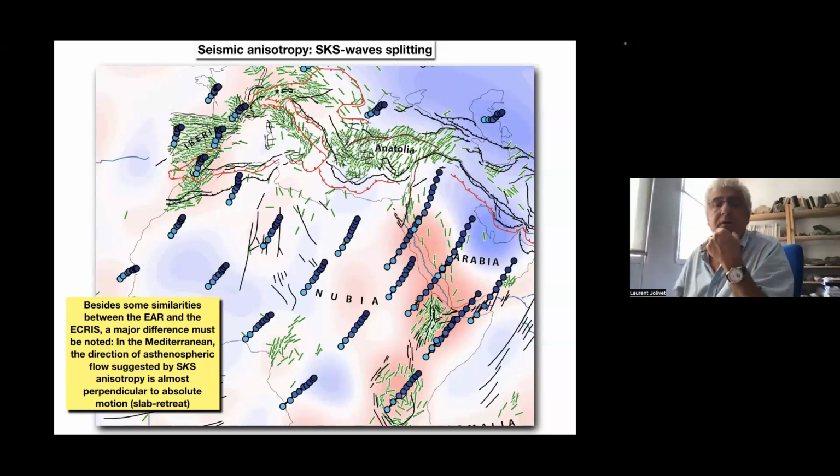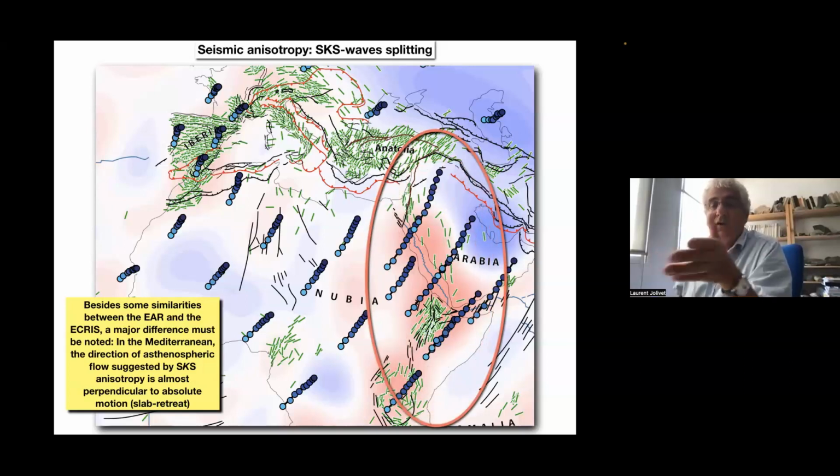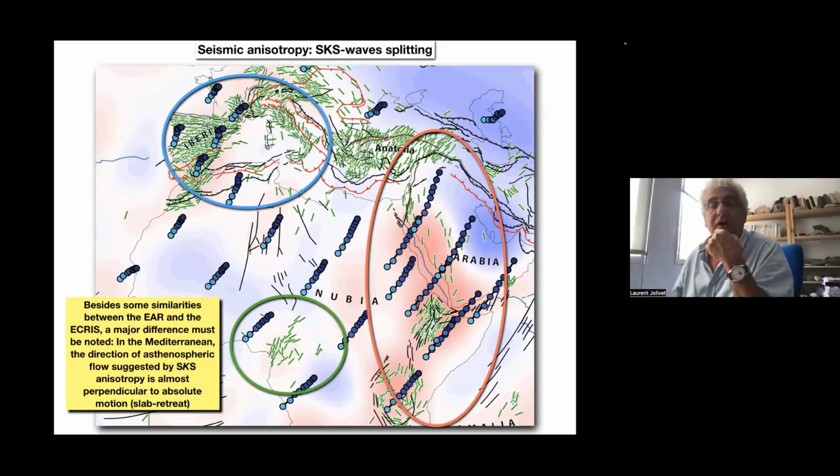This anisotropy is mostly due to slab retreat that is more recent than the rift. So we have in the east here this velocity anisotropy that is parallel to the rift. We have it also below the Benue rift and the Cameroon line, but in the north here it is perpendicular. So why is that so if our hypothesis holds?